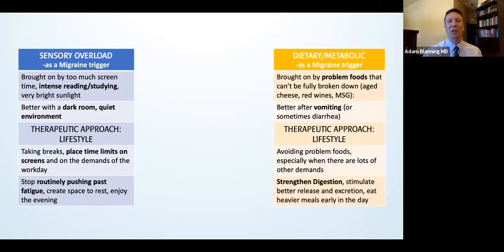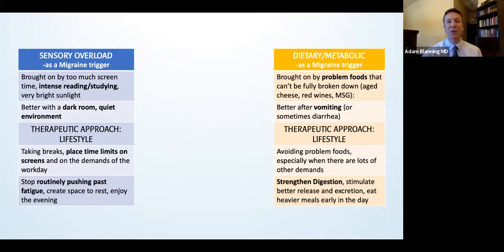For those who have more dietary or metabolic triggers, where there are problem foods, classic things like aged cheeses, red wines, MSG, where people know that if they eat something, it's going to give them a migraine, and they may have a pattern where they're much better after vomiting, or sometimes people even get diarrhea. This is the need for a kind of dietary cleansing, a clearing out of the digestive and metabolic system so that things can get back into balance.